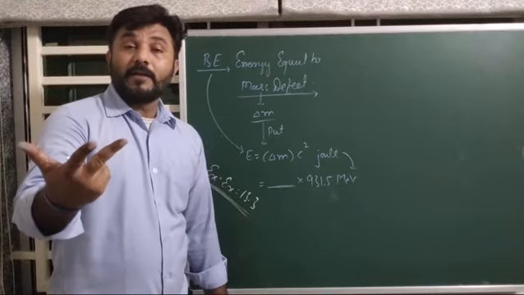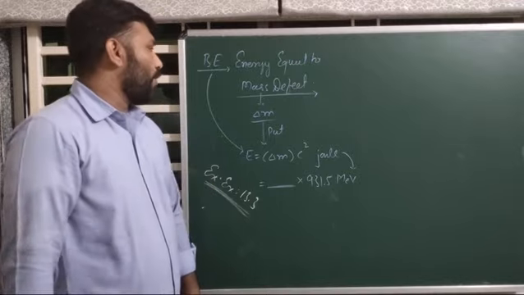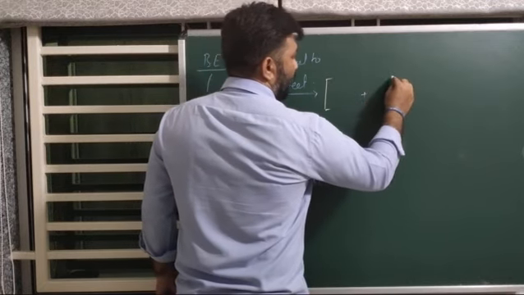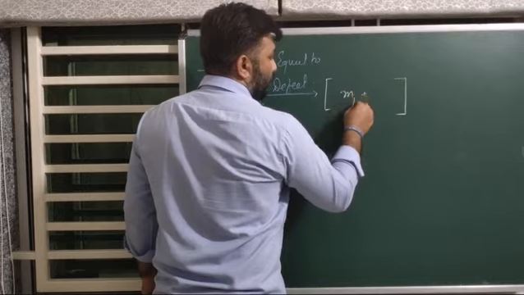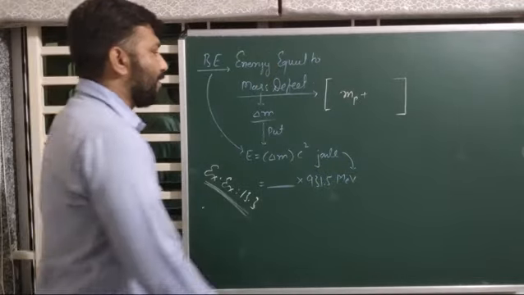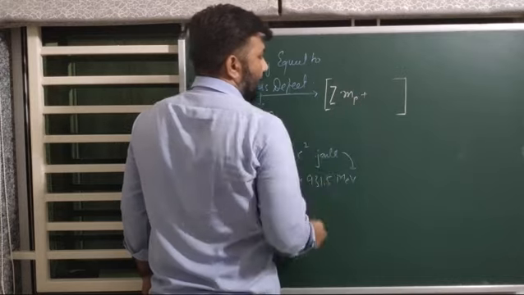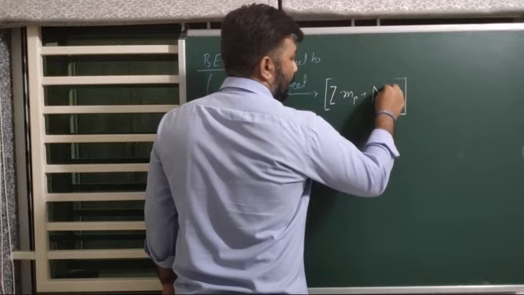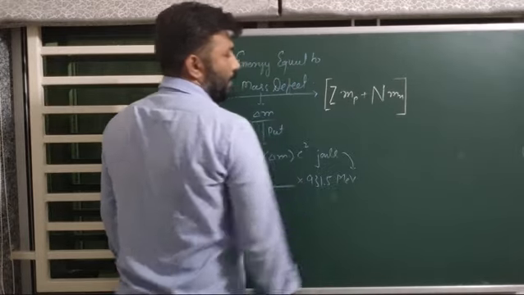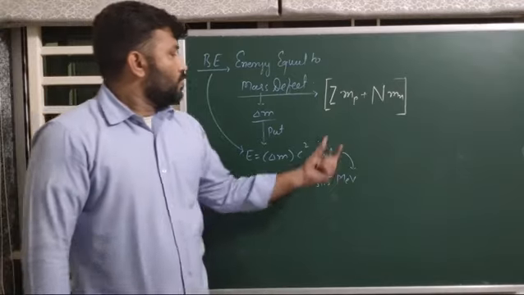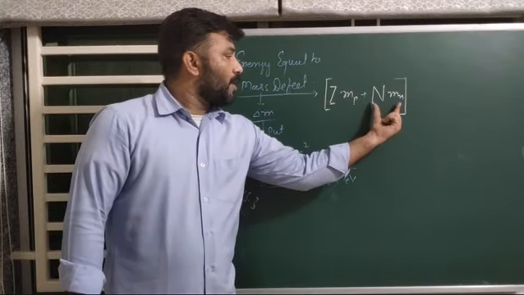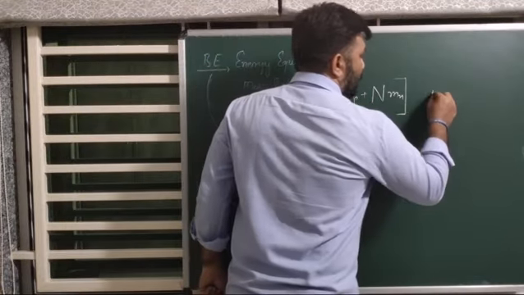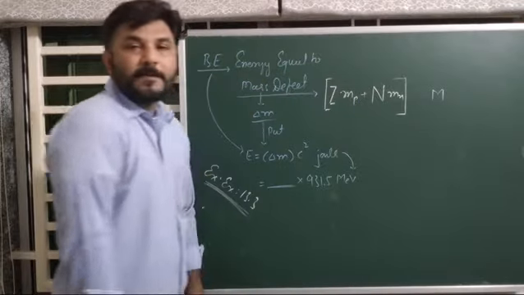So remember that thing, Dhiru bhai, Mukesh bhai, Anil bhai. Okay, so what is mass defect? It is nothing but the algebraic sum of the mass of protons, how many protons? That is Z, and the mass of neutrons, how many? That is N. What is N? N is nothing but A minus Z. So the total mass of protons and total mass of neutrons is more than the mass of the nucleus, right?